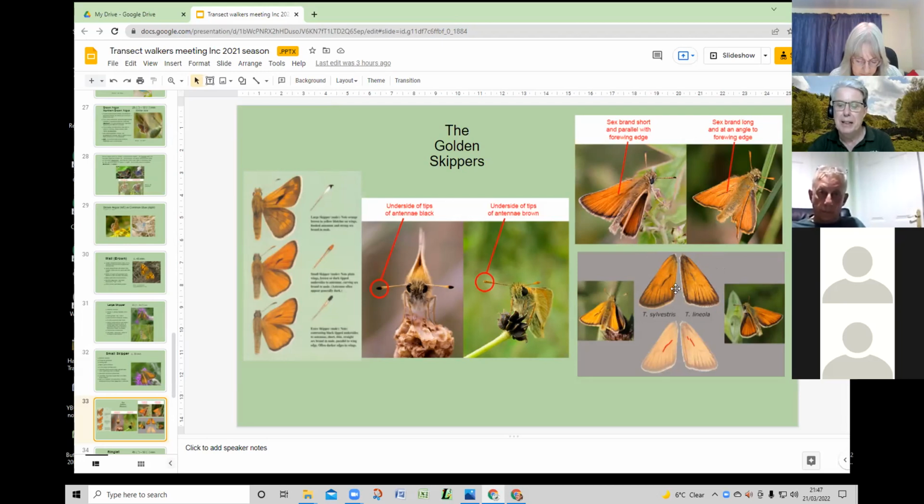This is Small Skipper, Thymelicus sylvestris. It has a long, quite distinct sex brand, and it has a very slight kink in the midpoint, as the red line here shows. The Essex has a much shorter, paler brand, and it's actually split into two little bits.